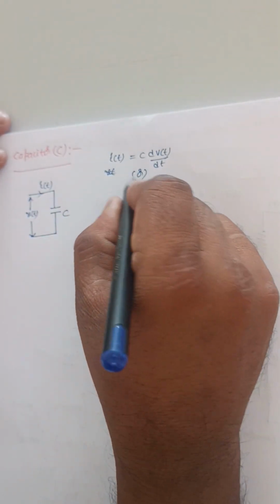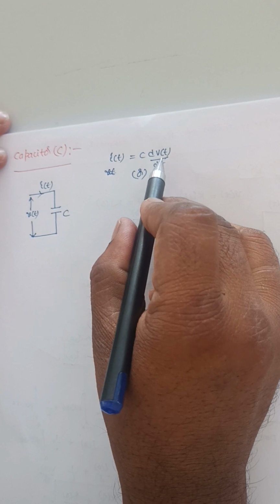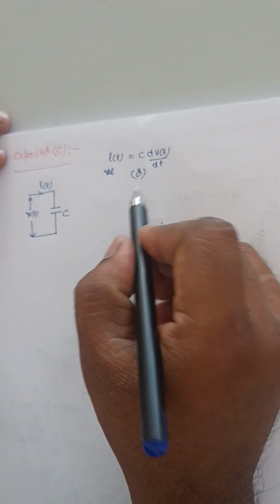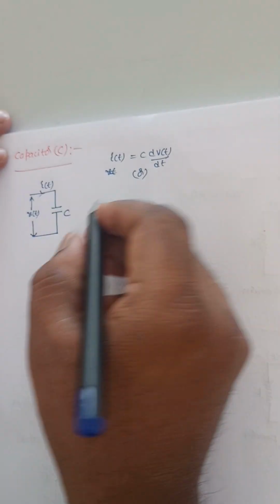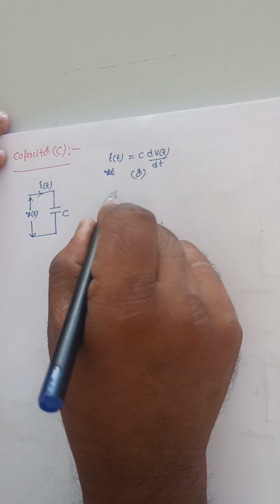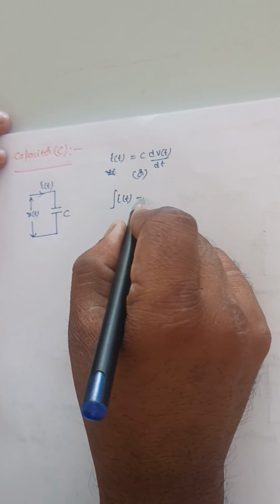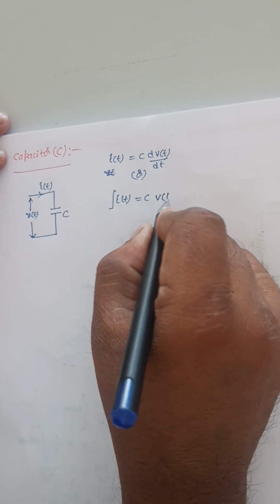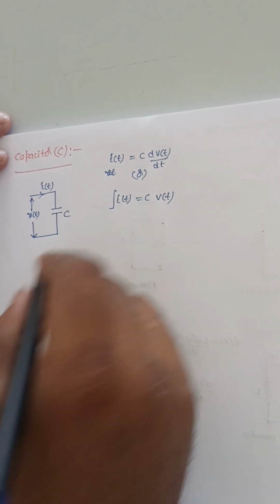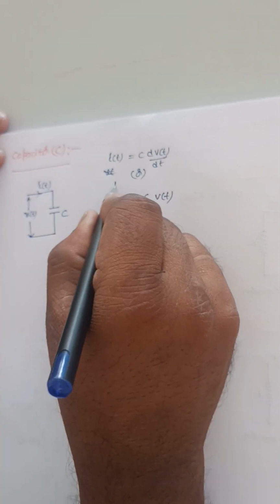Or if I want to represent the voltage with that expression, then take the integration on both sides. So integral I of t is equal to C into V of t, and this will be from minus infinity to t.